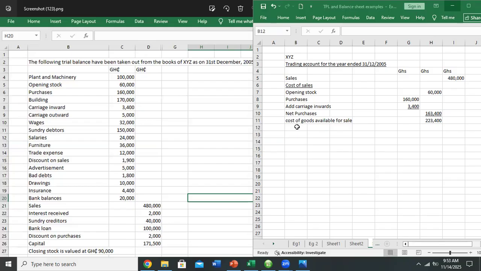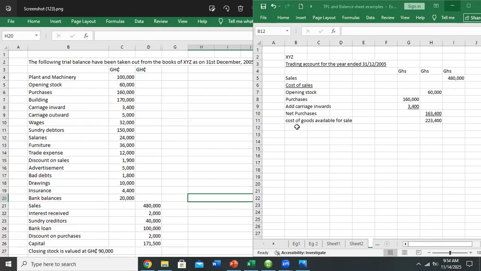So Bright, carriage outwards is not a direct trading expense. In other words, it's a cost that you can even avoid. It is not an incidental cost to our trading compared to carriage inwards. Carriage inwards is such that when you purchase the goods, you bring them to your shop. So it's a must. Until you bring them to your shop, you can't sell the goods.